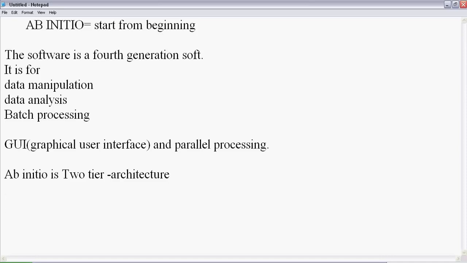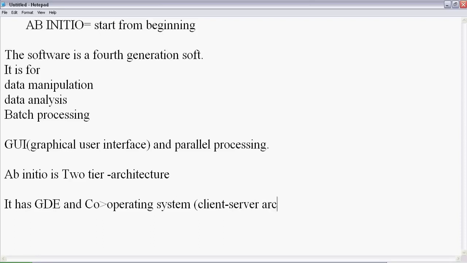It has the GDE and the cooperating system. These two combine and act as a client server architecture.